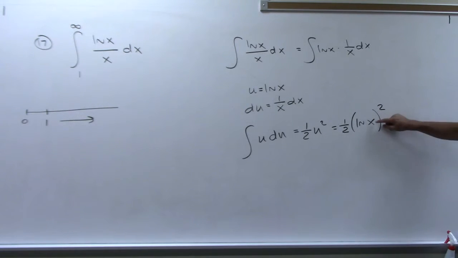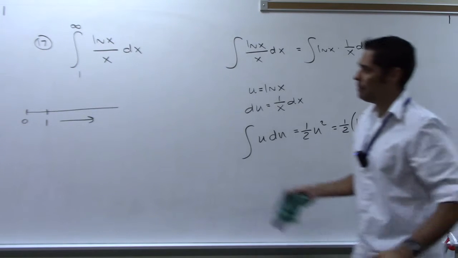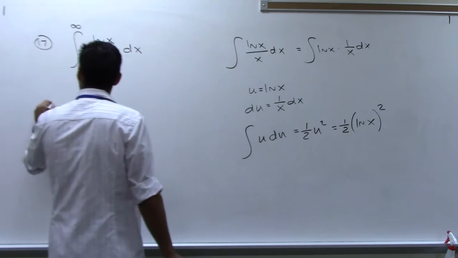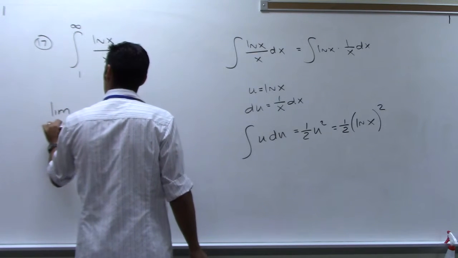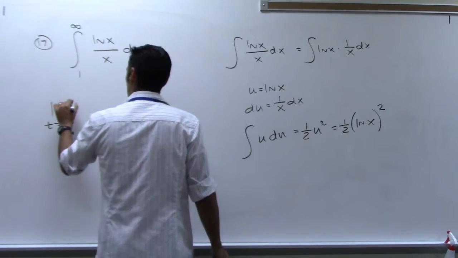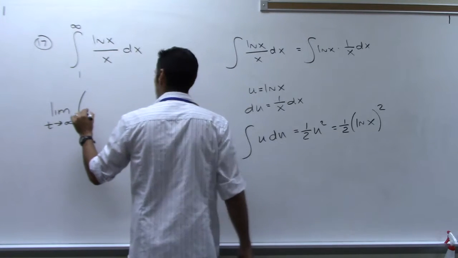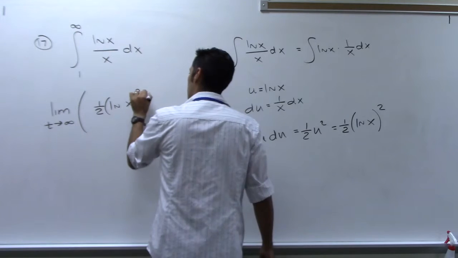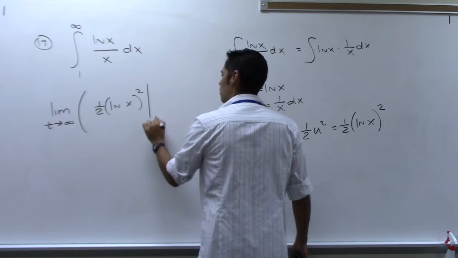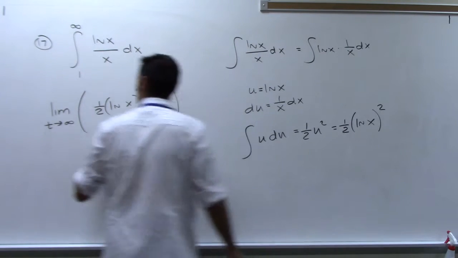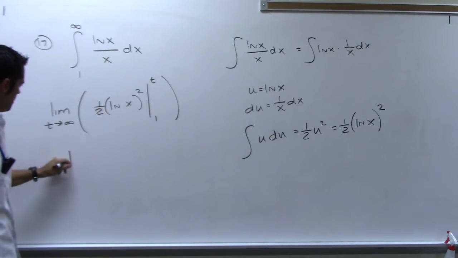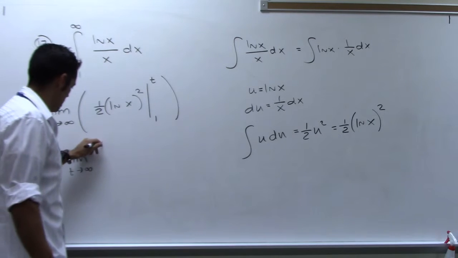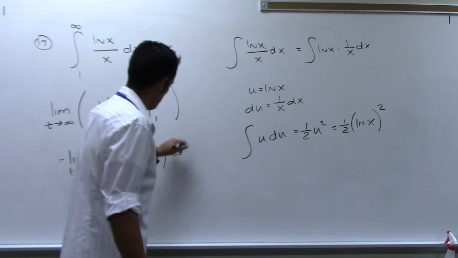So be careful, we're not squaring the x, we're squaring the natural log. So this becomes the limit as t goes to infinity of the antiderivative, 1/2 (natural log x) squared, evaluated from 1 to t, which is the limit as t goes to infinity of, and then we have two things here.